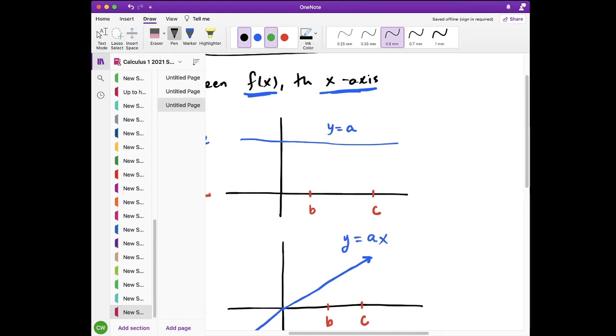So let's do this one. Find the area between y equals a, so now this is more general, the x-axis and the endpoints b and c. What is the area of this region here? We have length times width.